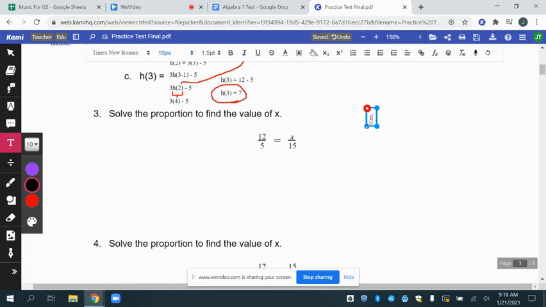Okay, the steps for doing this. 1, cross multiply. If you have two fractions that are equal, cross multiply every time. 2, divide to isolate x, the variable. Okay.